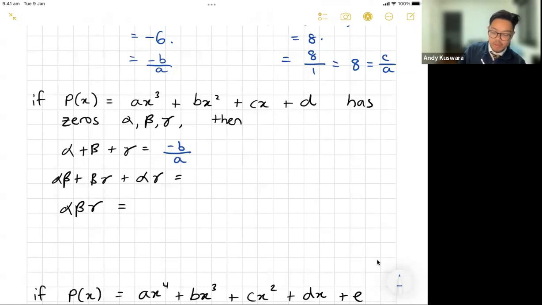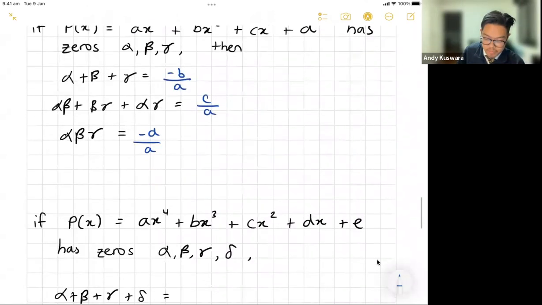If we've got these groups of two, alpha beta, beta gamma, alpha gamma, it's going to be c on a. And then if we have all three roots together, it's going to be minus d on a. So it's always going to be over a, but it just goes from minus b, positive c, minus d, and you'll take a guess at what the next one is.